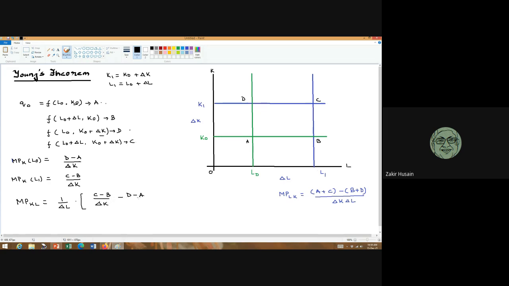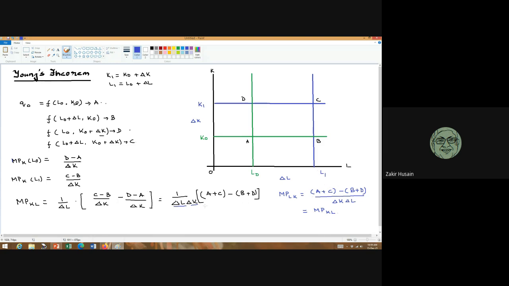This is B minus A. Okay, so this is C and A minus B minus D. Okay, so this is the same thing as, see, the only difference is del L into del K. But we had said that del L here and del L here are the same.